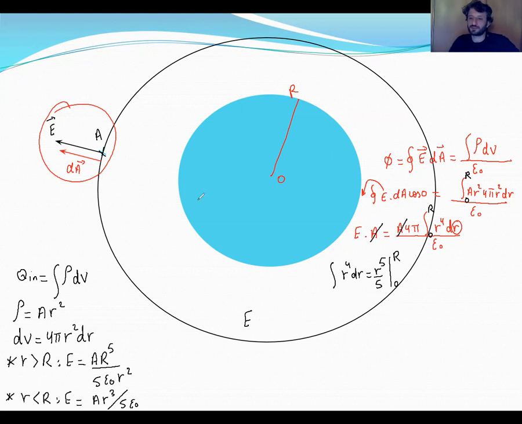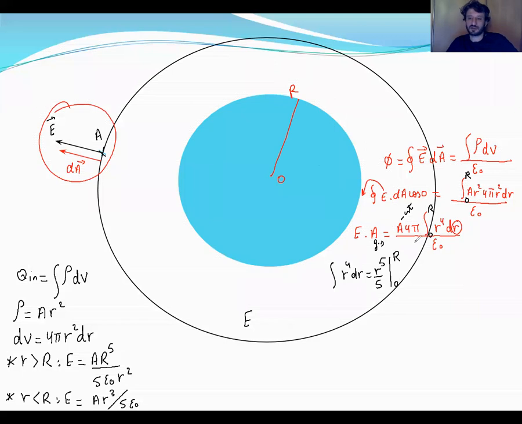No, no, we don't have the same a, because this a is the area of the Gaussian surface. Let's say we have A of Gaussian surface, and this a is a constant. We don't have the same a. This one is constant.